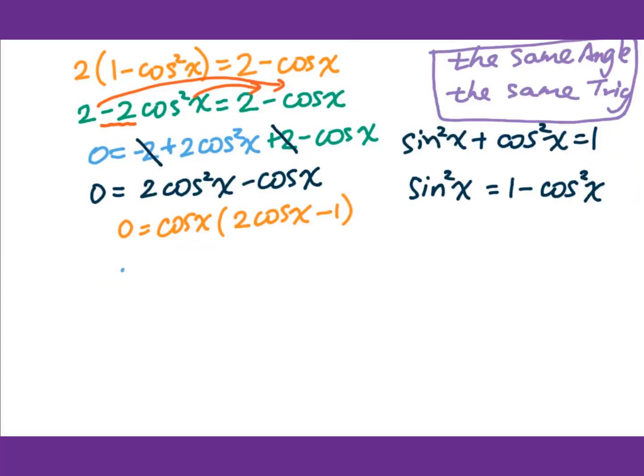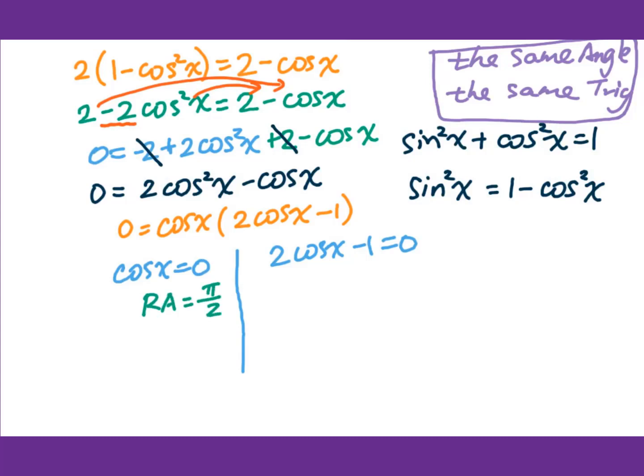Then we will set up cosine x equal to 0 and also 2 cosine x minus 1 equal to 0. For cosine x equal to 0, that's a reference angle pi over 2. So we got x1 equals pi over 2 and x2 equals 3 pi over 2.